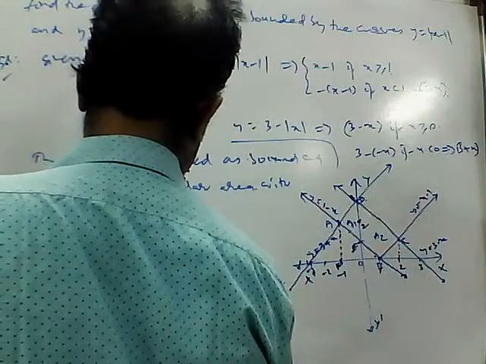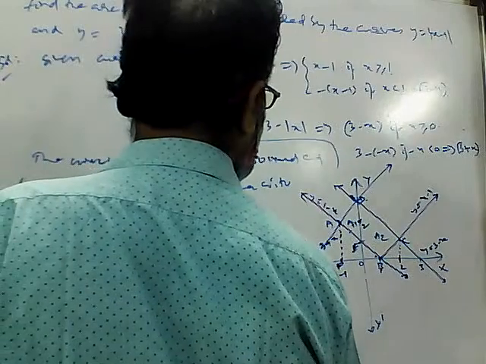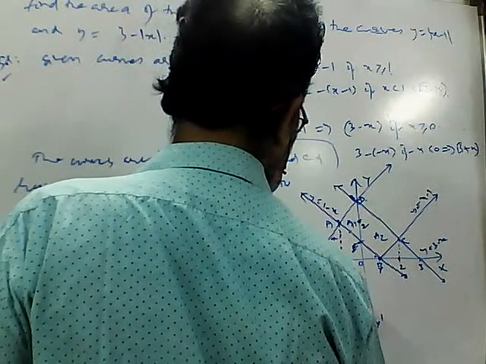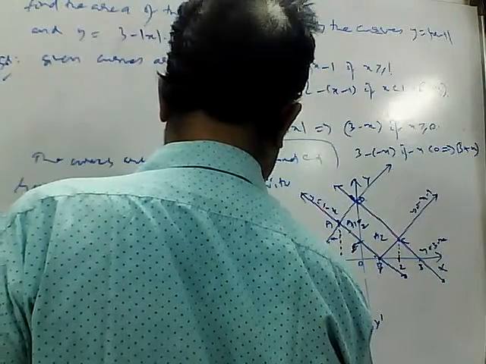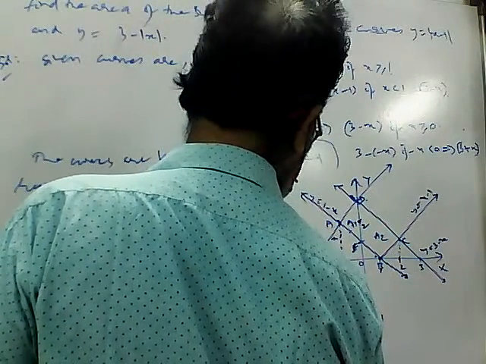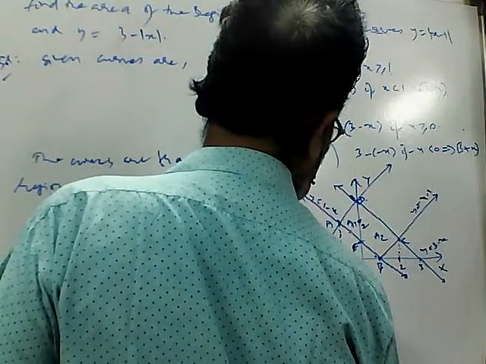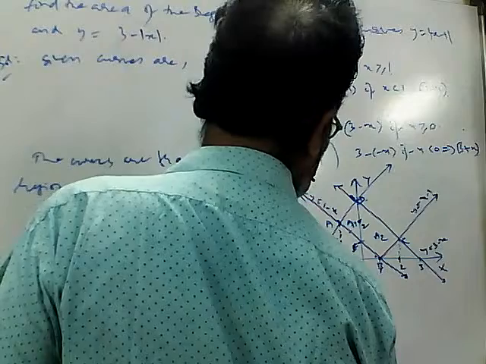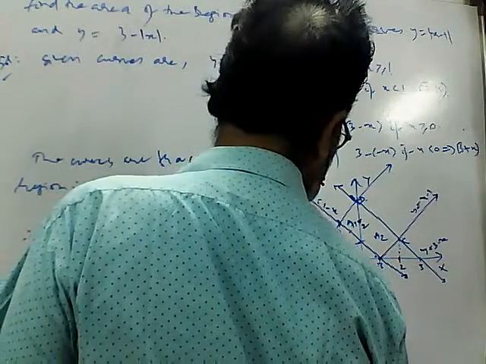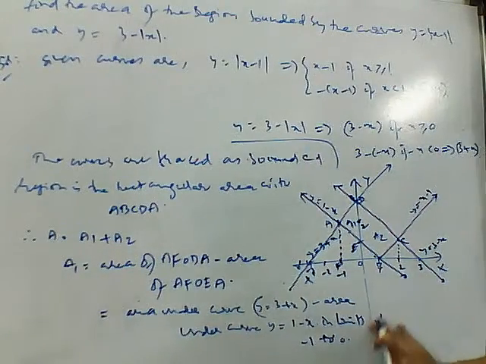So the integral is the area under the curve y is equal to 3 plus x minus the area under the curve y is equal to 1 minus x in limits minus 1 to 0. Like this. Now this part you have to see.